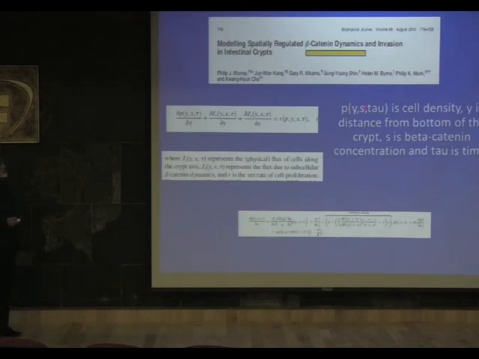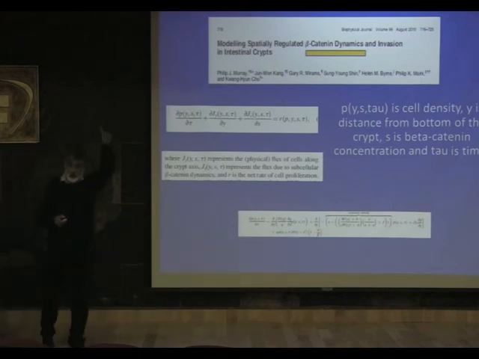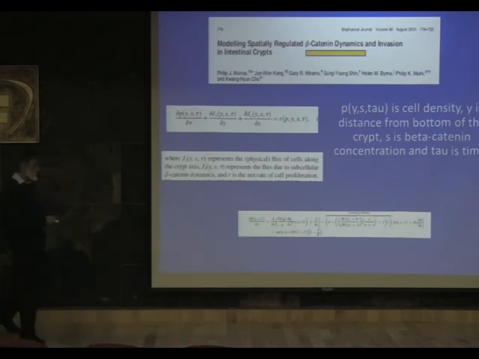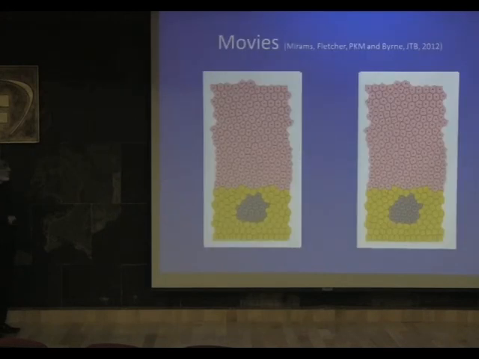And now the cell is moving through space, through time, and through beta-catenin space, because beta-catenin is not uniform. Okay, beta-catenin interacts with Wnt, and if there's a gradient of Wnt, there's going to be some sort of gradient of beta-catenin. And now you can start developing equations for how the cell density moves through this 3 space. Okay? Why is that important?